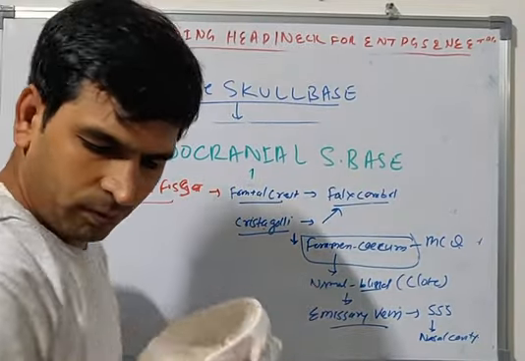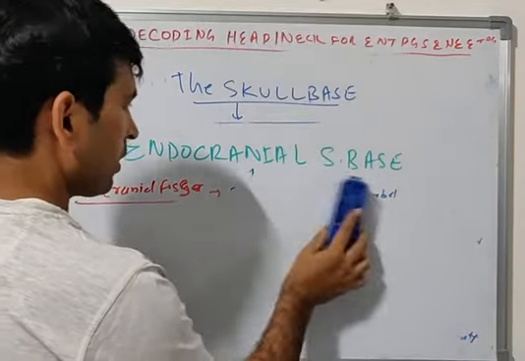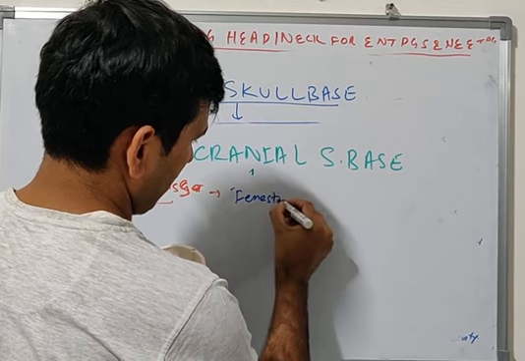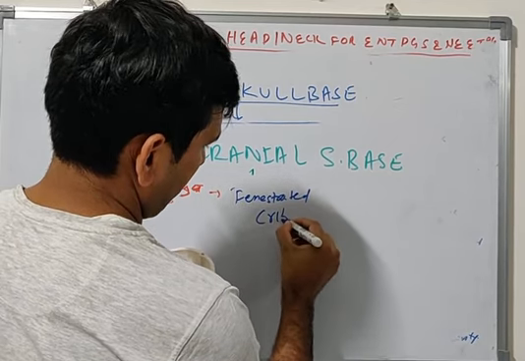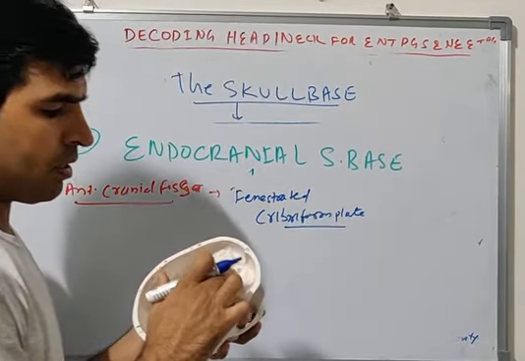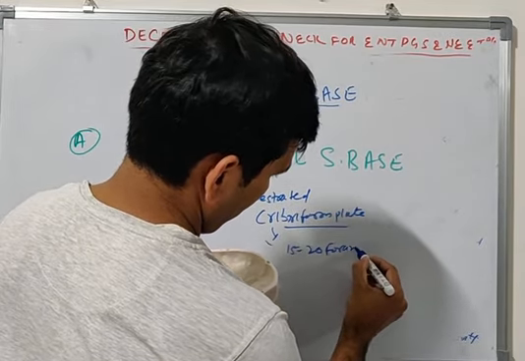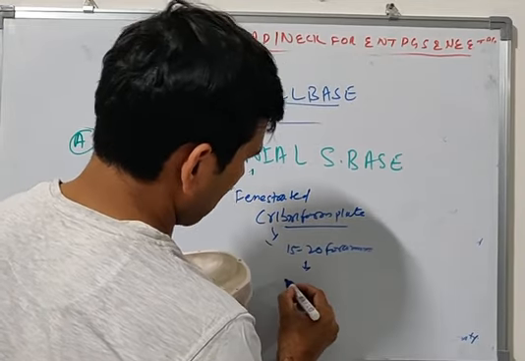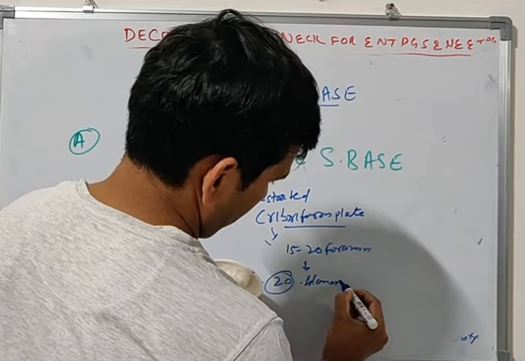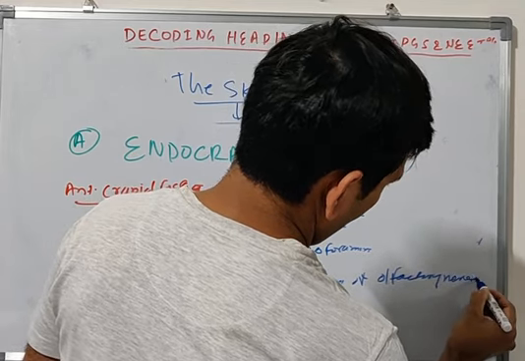This is called the cribriform plate. The fenestrated cribriform plate has multiple foramina, mostly 15 to 20 foramina, which transmit 15 to 20 filaments of the olfactory nerve.